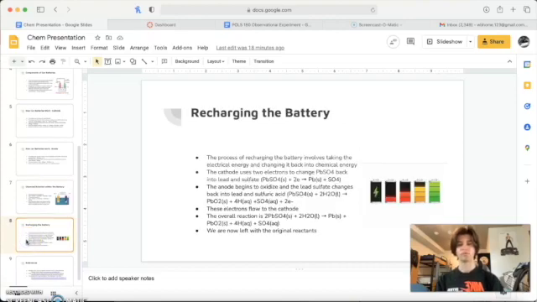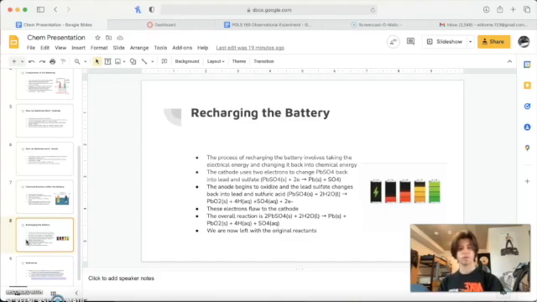Now the battery can also be recharged, and this is the process of taking electrical energy that was produced and changing it back into chemical energy. The cathode uses the 2 electrons to change the lead sulfate back into lead and sulfate, and the anode begins to oxidize, and the lead sulfate changes back into lead and sulfuric acid.